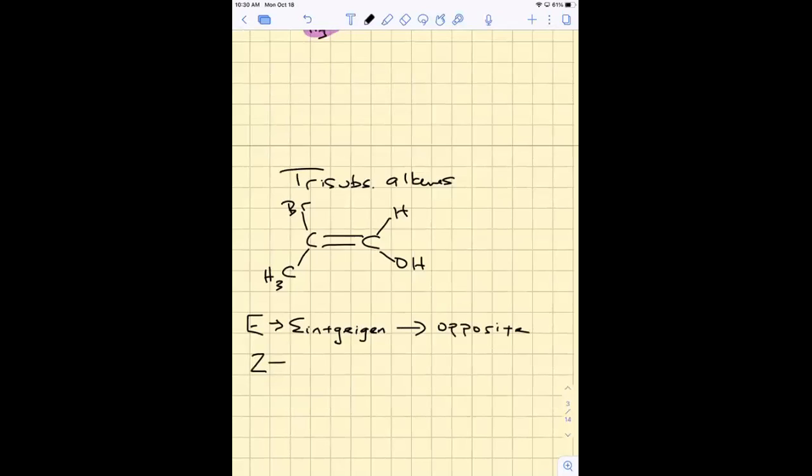And Z is zusammen, which means same. So that makes no sense right now, but it will in a second.